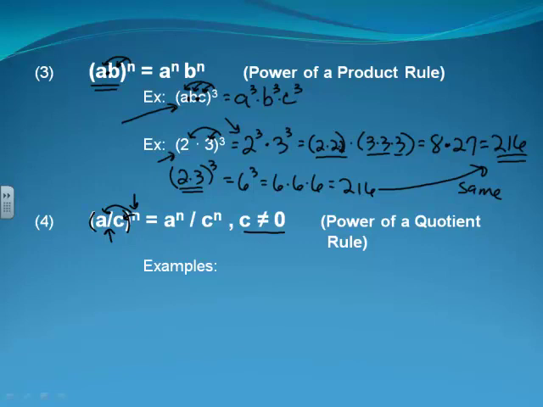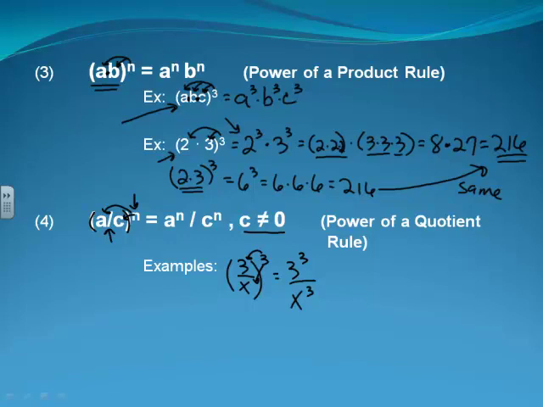So, for example, let's say you had 3 divided by x, raised to the 3rd power. You agree with me there's division in your group, and then that group has an exponent applied to it. The power of a quotient rule says, like multiplication, you can split that power out. So now you have 3 cubed divided by x cubed.